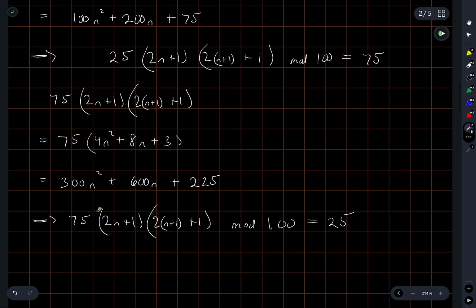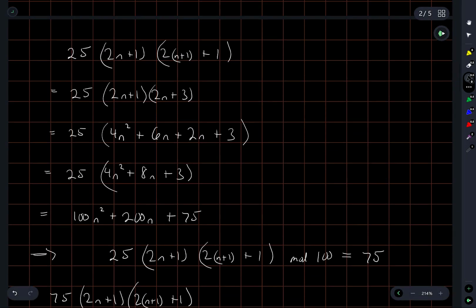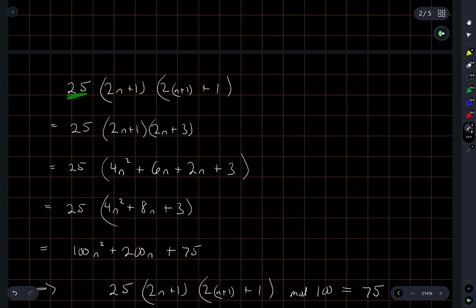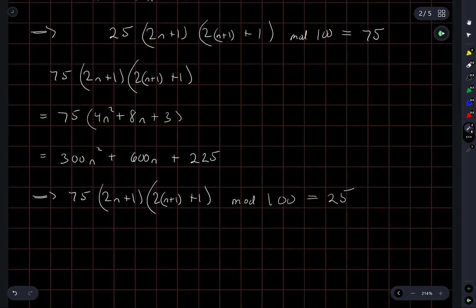Yeah, so if I take this and mod by 100, I'm left with 25. So this pattern continues forever. If at any point the product ends in a 25, then multiplying by any two consecutive odd numbers will flip it to a 75. And then once you're at a 75, multiplying by any two consecutive odd numbers will flip it to a 25.